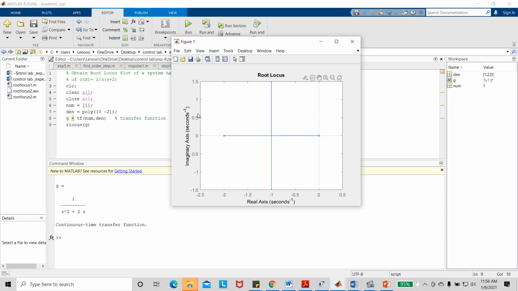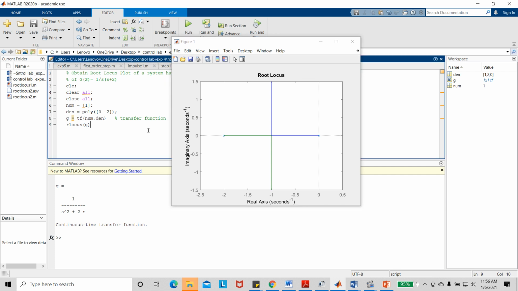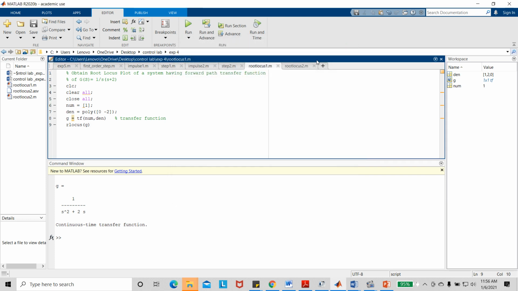We can also see the plot of root locus for the system G(s) = (1+s)/(s(0.5s+1)). In this system we have a zero at s = -1 and 2 poles.